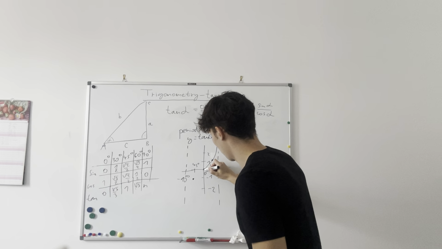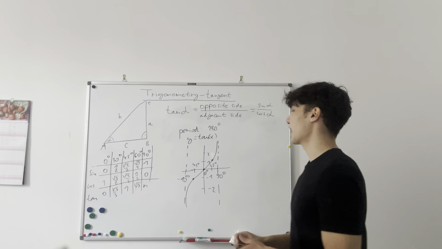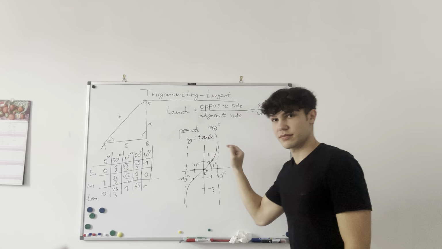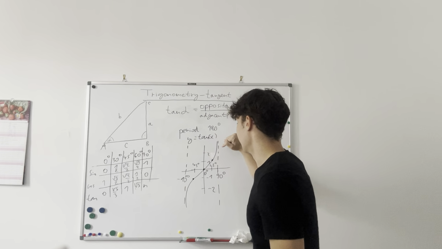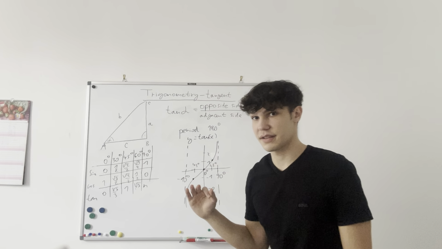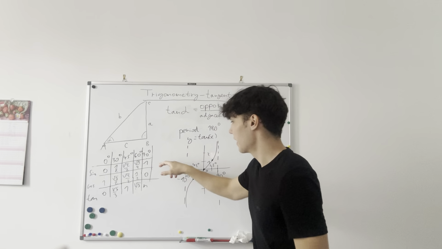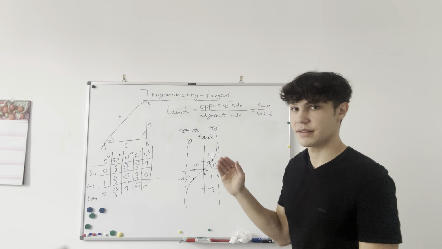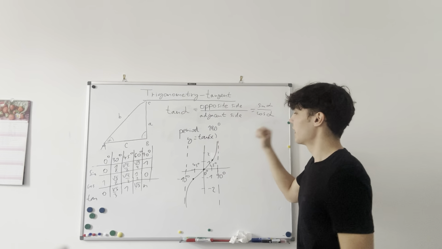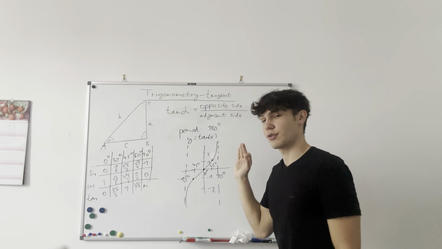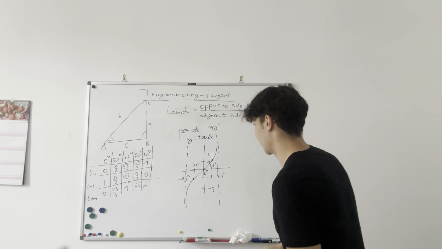So the graph goes very, very close to the 90-degree angle but never touches it because it's not defined, because we cannot divide 1 by 0. So this is the reason why the graph continues but never quite touches 90 degrees.